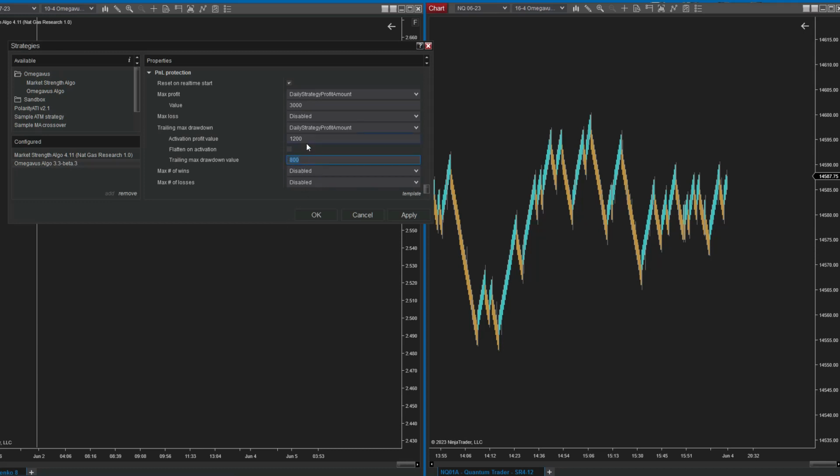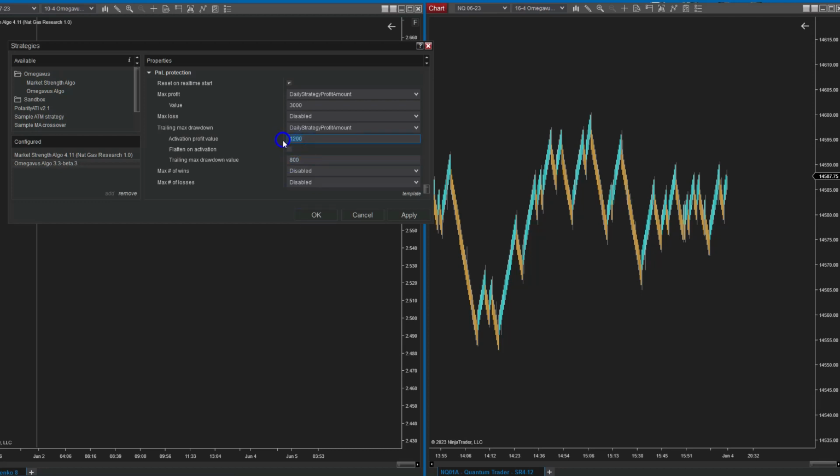In other words, this is the value that you are giving the system permission to lose back on a drawdown and then close the trade. You're not willing to give back more than this amount after 1,200 is hit.